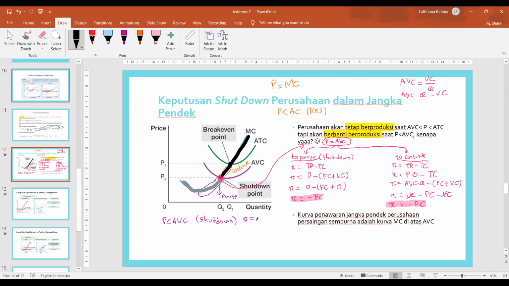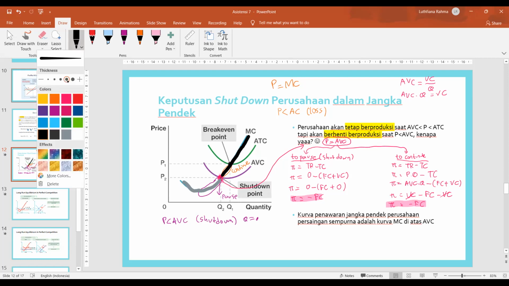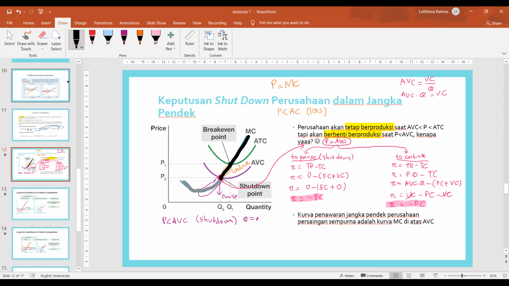So we could also say that this curve, this black curve, the MC curve starting from the lowest point of the average cost, this is the lowest point of the average cost, right? It is the supply curve. So the marginal cost curve starting from the lowest point of the average variable cost is the firm's supply curve. Okay. So that is the explanation.